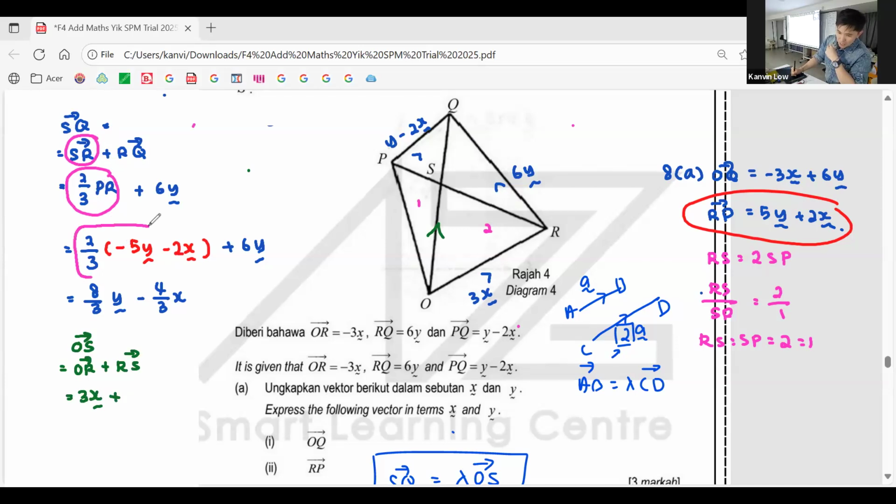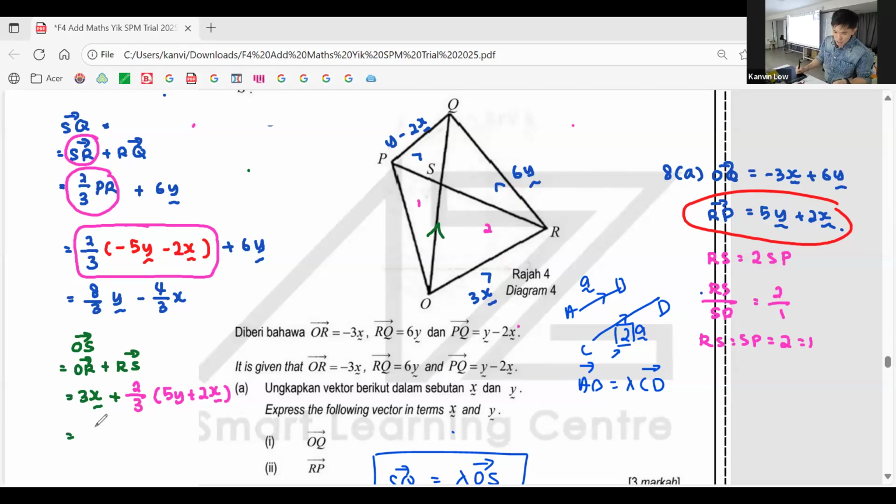SR is the entire thing over here. But what I want now is RS. I want terbalik. So if I want terbalik, it will be 2 over 3 of 5Y plus 2X. You know why? Because it's terbalik. One is RS and one is SR. So negative becomes positive. Do you understand, everyone? Okay, and then you open bracket and so on.